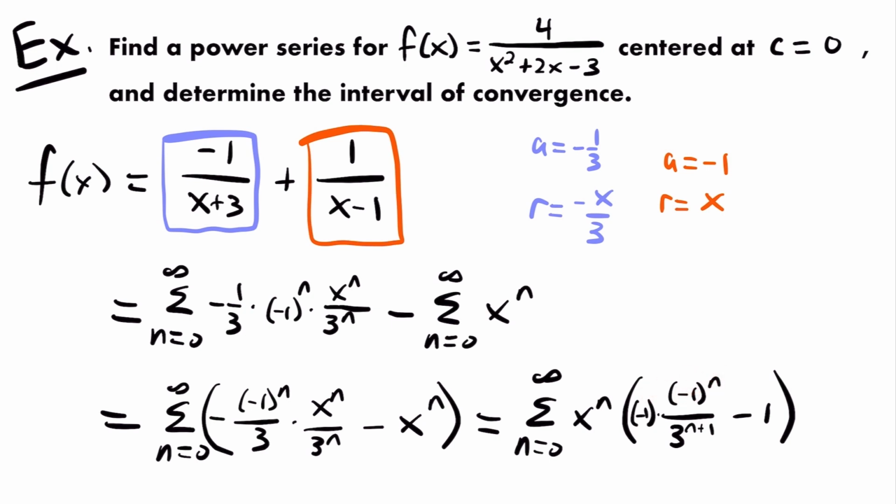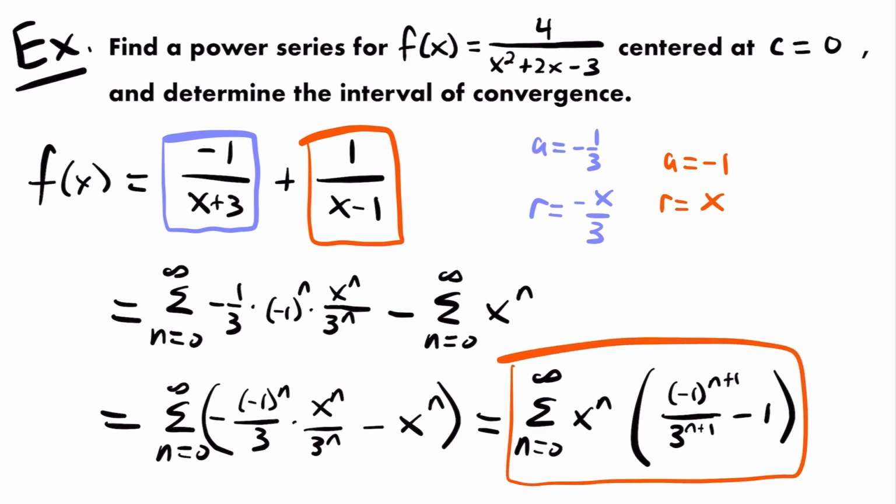So we could add the exponents and have negative 1 to the power of n plus 1. So what I'm going to do is just erase this negative 1 out front, and what we'll have instead is negative 1 to the power of n plus 1. Okay? And so this right here is the power series centered at 0 that represents this function. We have the sum from n equals 0 to infinity of x to the power of n times negative 1 to the power of n plus 1 divided by 3 to the power of n plus 1 minus 1.